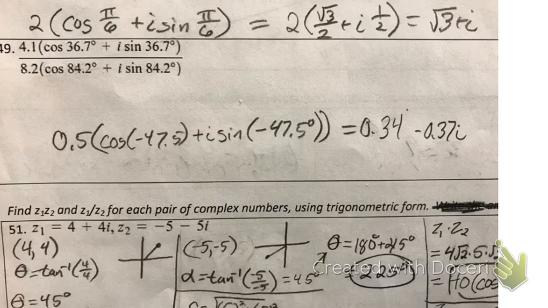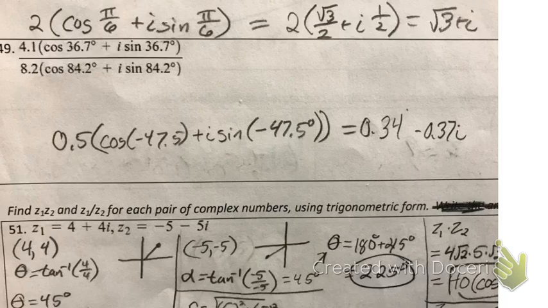Does that come out to 0.34? Yeah. That is me distributing that 0.5 to both of these. Then you take that 0.5 in your calculator and multiply by the sine of negative 47.5, and that will come out to a negative 0.37. So that's how you can do it in your calculator, but it's the same thing, it's just distributing.